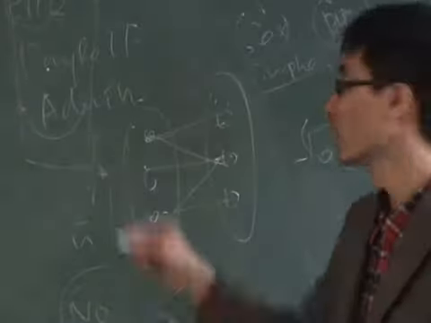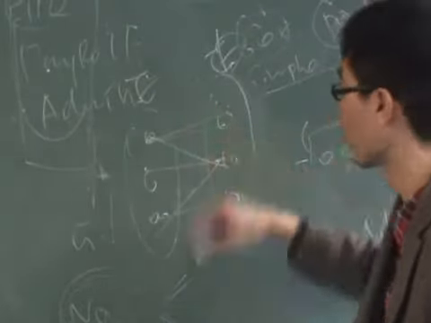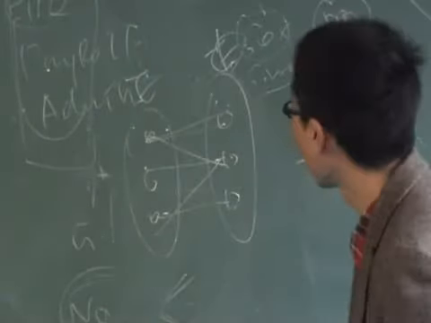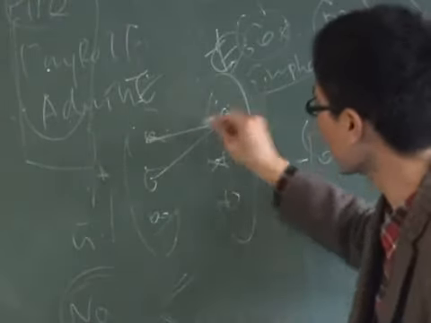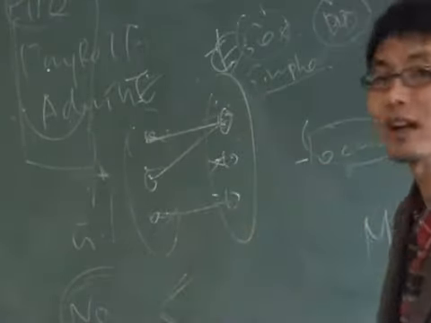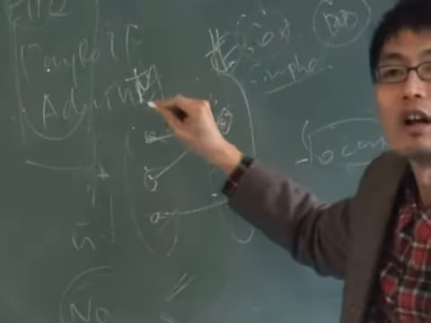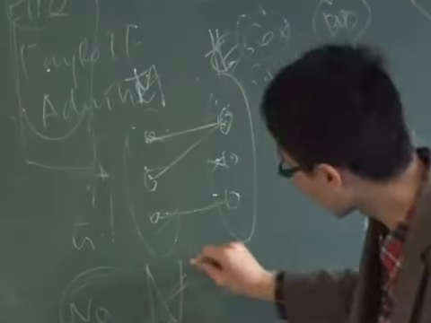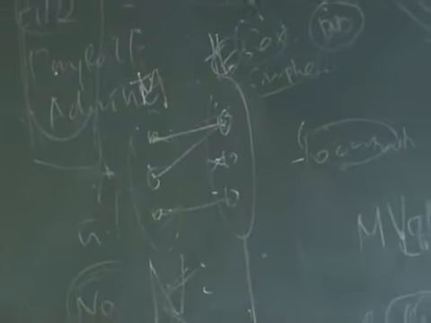Exactly the same. This is an entity, this is an entity. This is employee, this is department. One employee can work for one department. One department may have many employees. Okay, like this. It's many-to-one. So it's called N-to-1 or 1-to-N relationship.